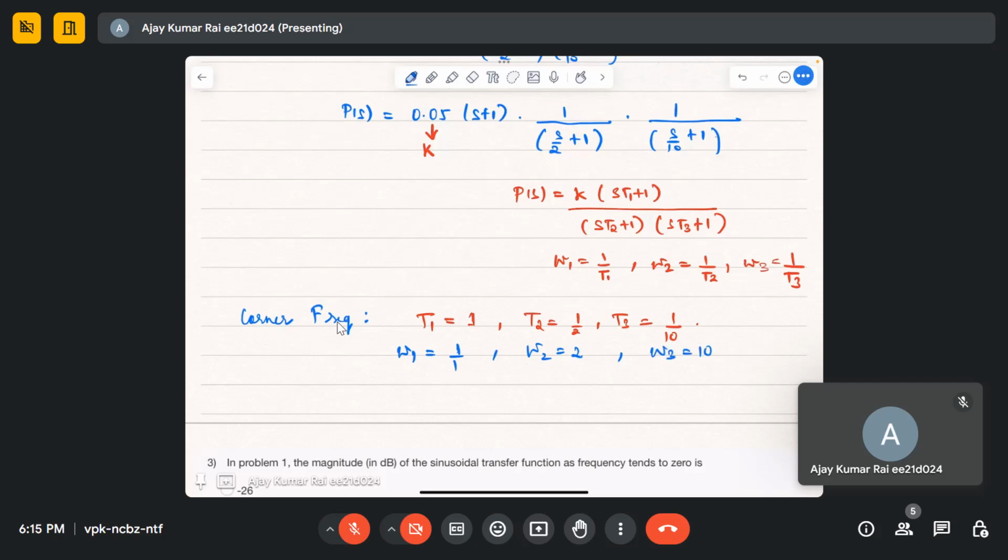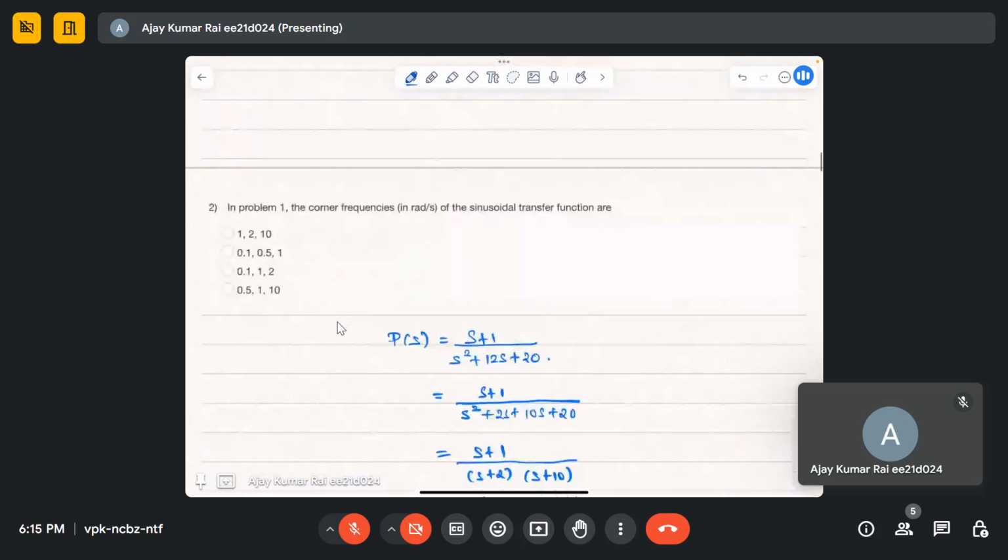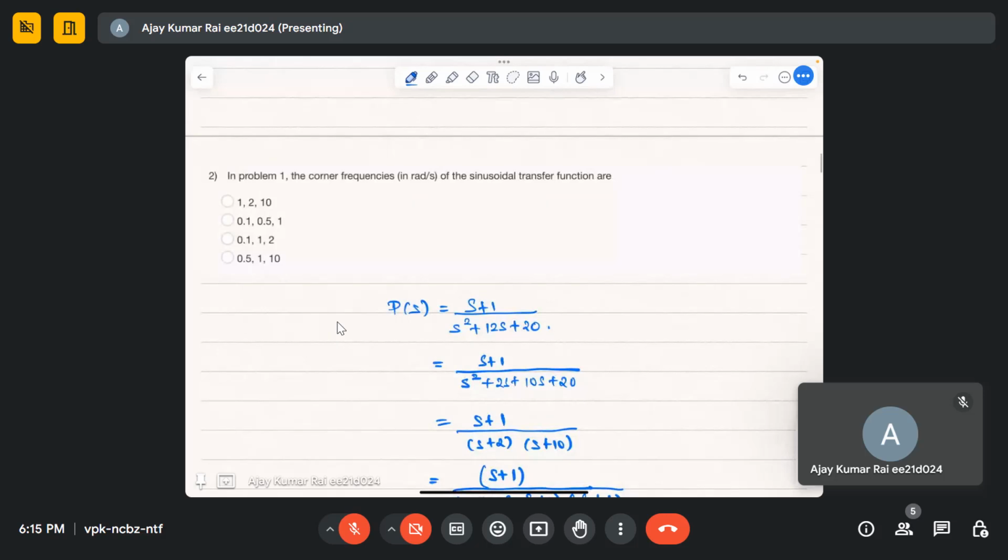Very clearly this is 1 radian per second, so all the frequencies are in radian per second. These are the corner frequencies: 1, 2 and 10. So the first option is the correct option.